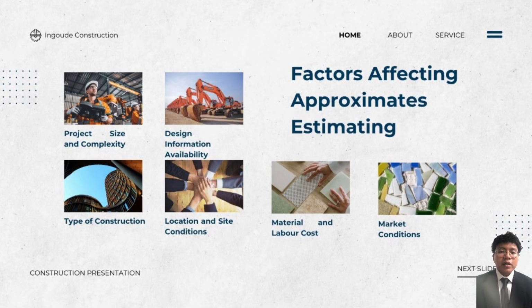A booming market may lead to higher contractor pricing, while a slowdown might give more competitive rates. So, in summary, all these factors must be carefully considered during approximate estimating. Ignoring any of them could result in major cost overruns later in projects.